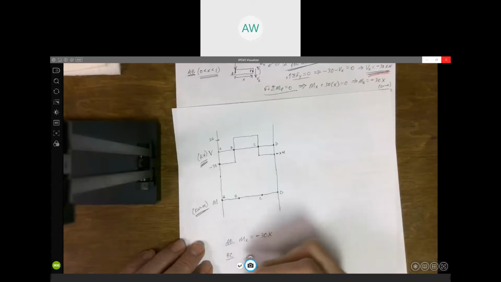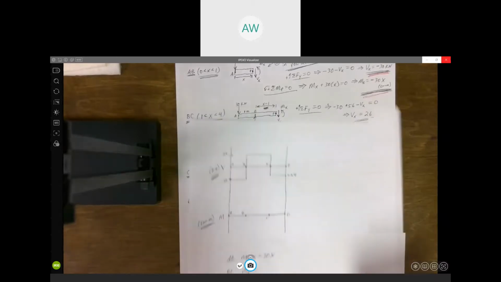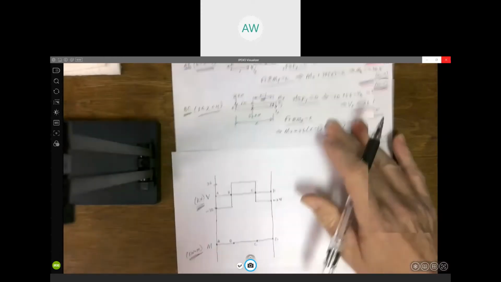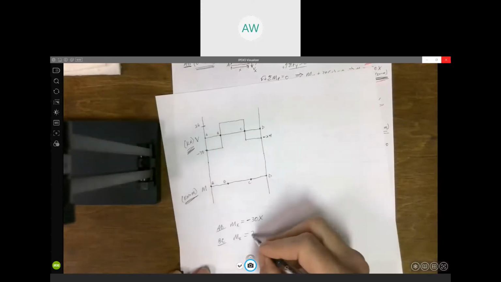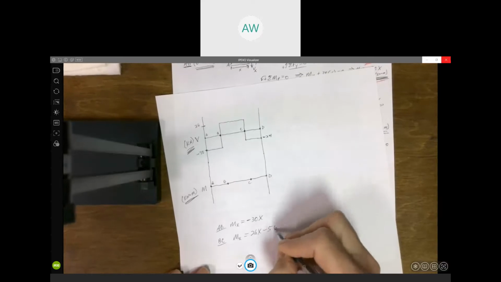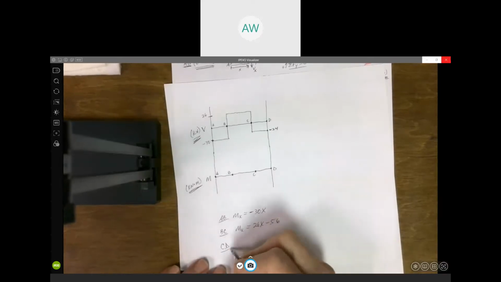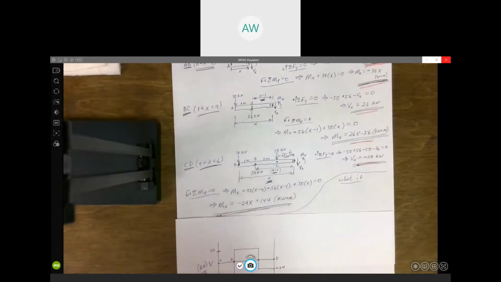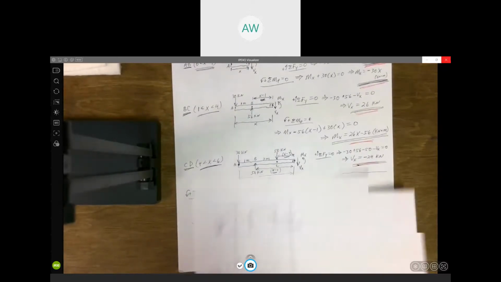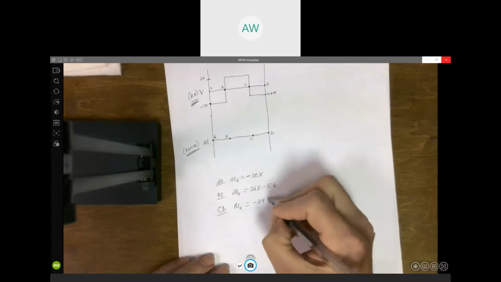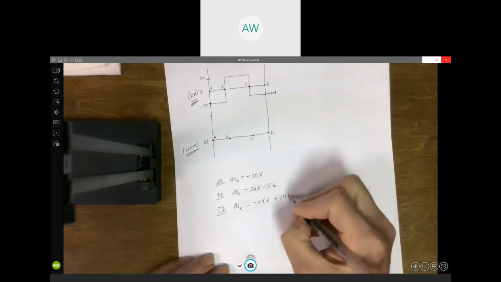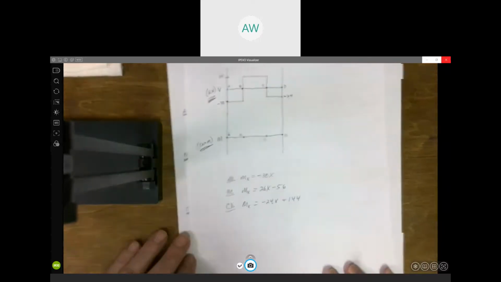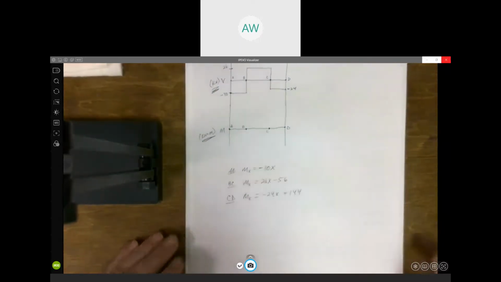Between B and C, it was 26x minus 56. And from C to D, it was minus 24x plus 144. So those are my three equations that we found previously, but now I have everything on one page where you can see it.